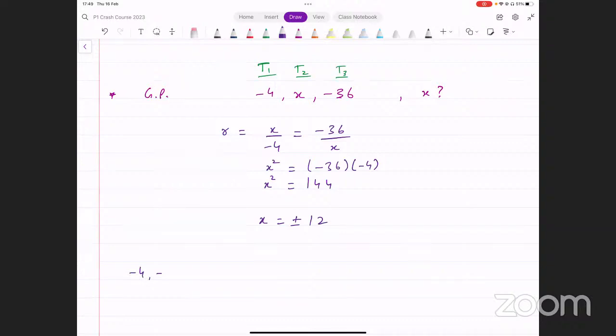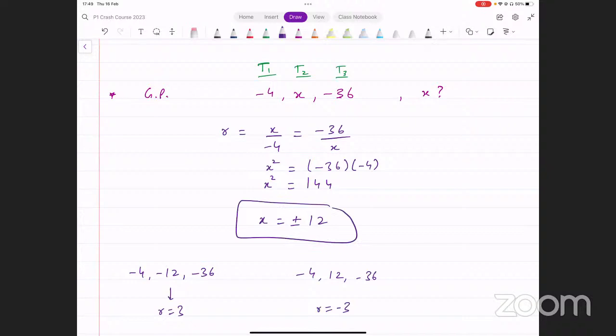This is also going to be a GP with ratio 3. You could also have this GP: minus 4, 12, minus 36. This is a GP that has ratio minus 3. So both possibilities exist in this particular example, because the middle number could be 12 or minus 12. Both of those cases are going to give you a geometric progression.